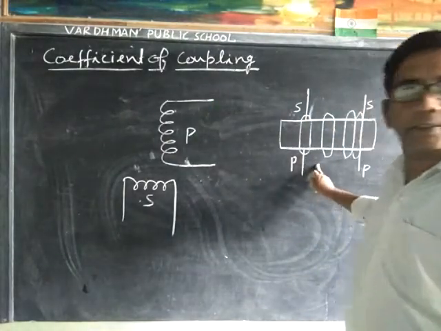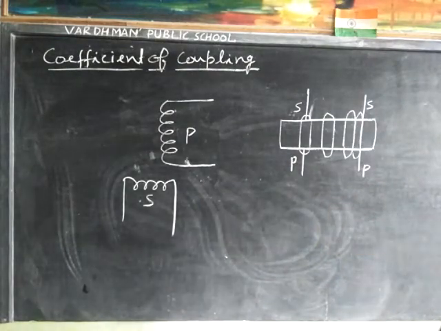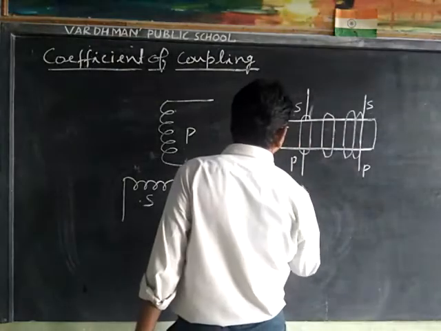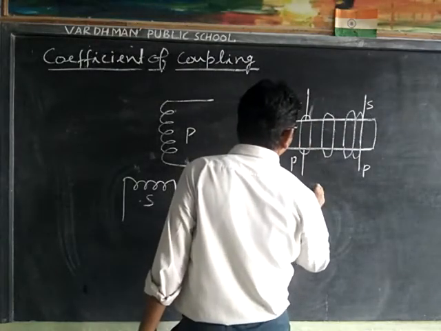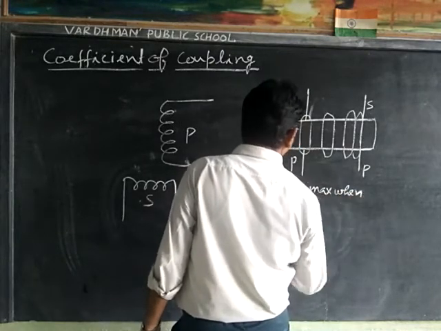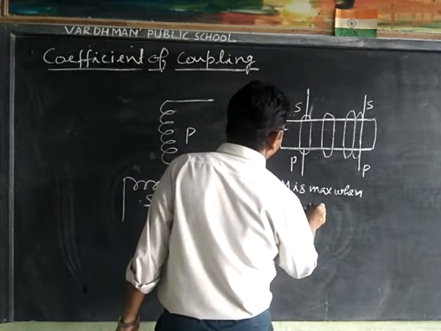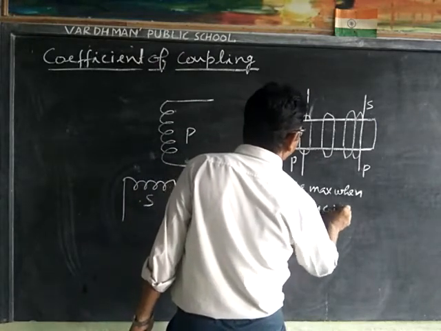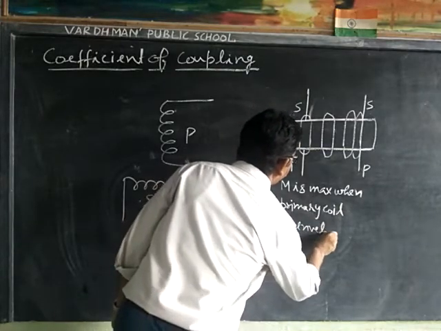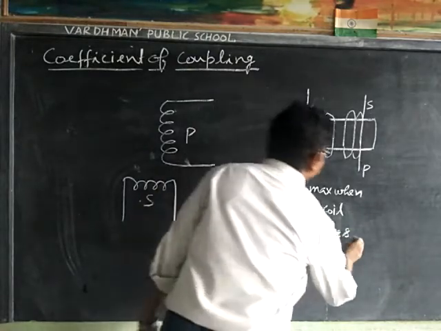In the first case, M is maximum when the primary coil envelops the secondary.